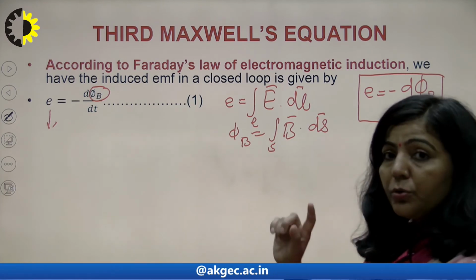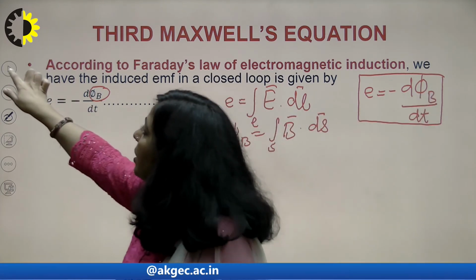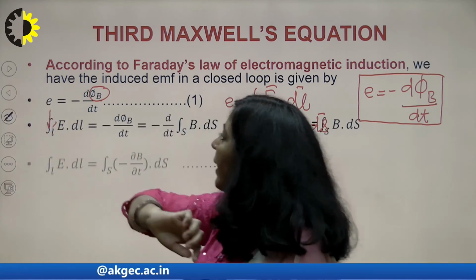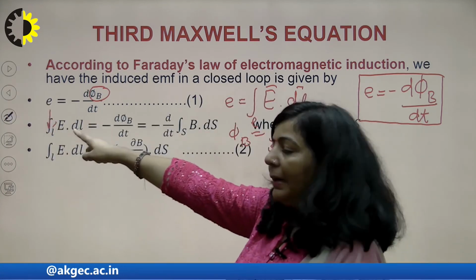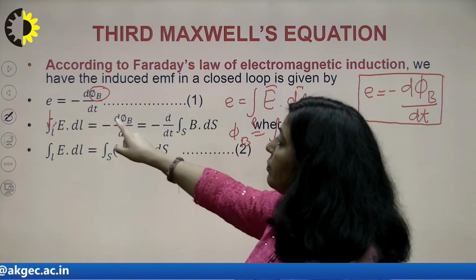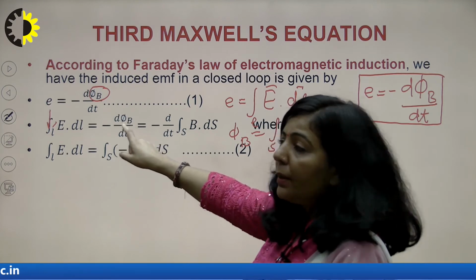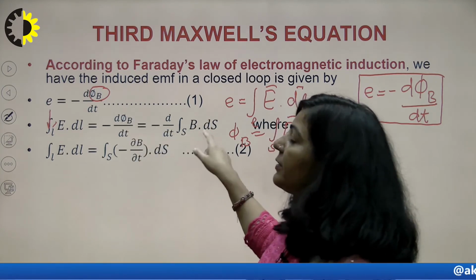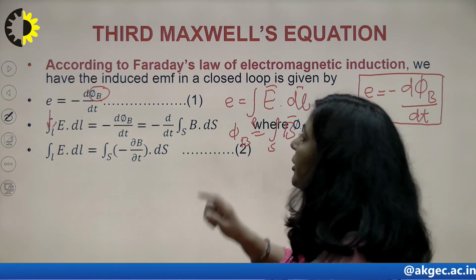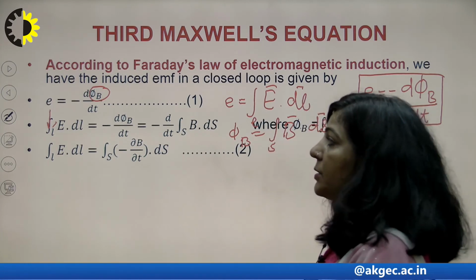So now we are going to represent all these terms in integral form. What you are getting here: EMF is the line integral of E equals minus d by dt of phi B, and you know phi B is the surface integral of B.